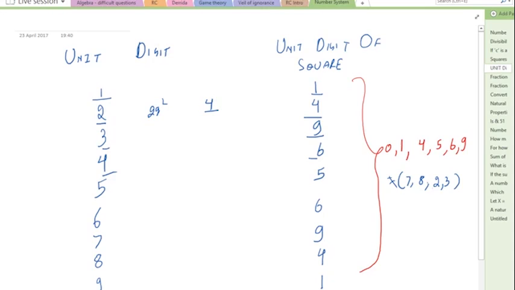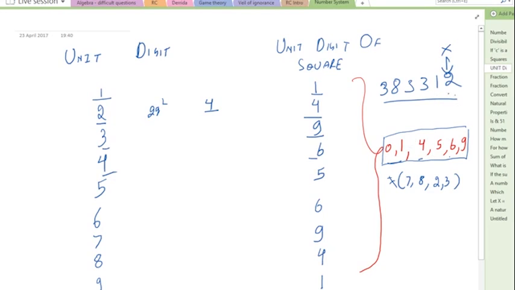So overall what you get as a result is that only 0, 1, 4, 5, 6 and 9 can appear as the unit digit of square numbers. Like if a number is of the form 383, whatever, I can make something up, this number cannot be a square number, that we know, because you cannot have 2 at the units digit. Questions are created on this kind of stuff, so it is good to know.